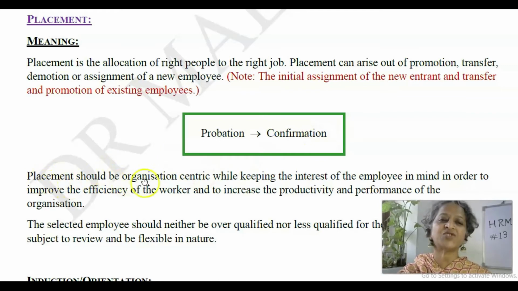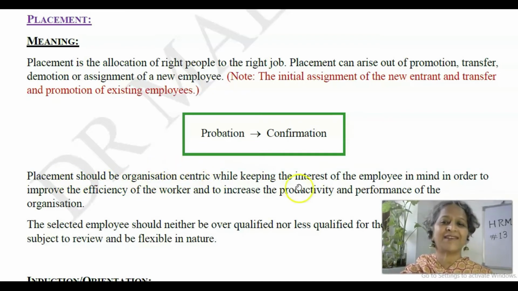Now placement should be organization centric, because placement is being done for the benefit of the organization. So whenever a person is being assigned a particular task, the benefit of the organization must be kept in mind.